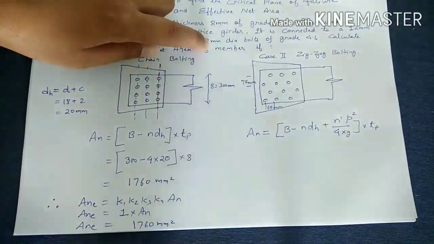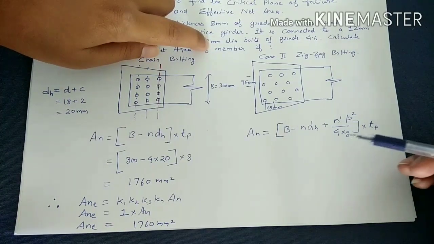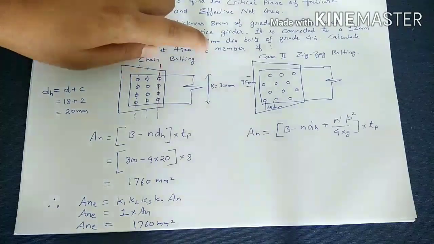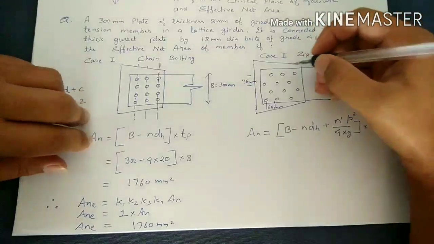For zigzag bolting we will use this formula for obtaining the net sectional area. First we have to consider different planes of failure in which the tension member can fail. So let us consider the first plane.